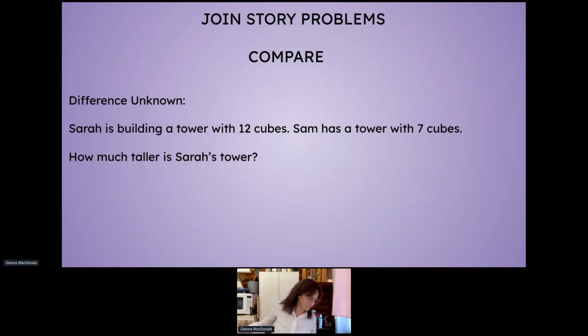Comparing. Sarah is building a tower with 12 cubes. I would build 12, and I would compare it to Sam's and put them side by side, and then you can see the difference in cubes. You can represent it as addition or subtraction.